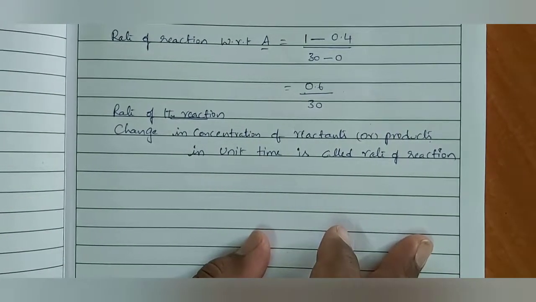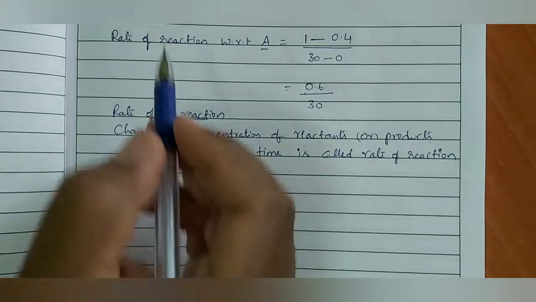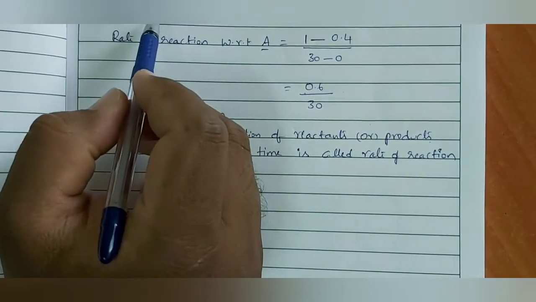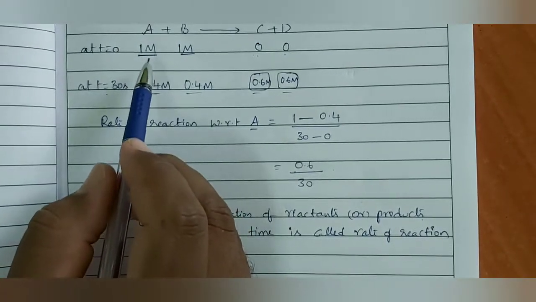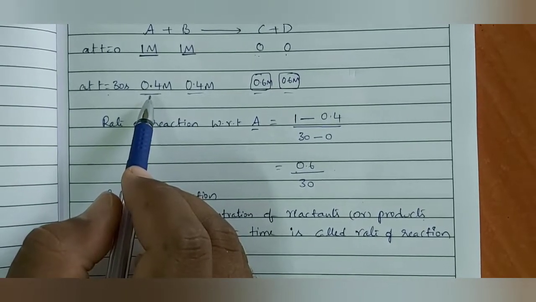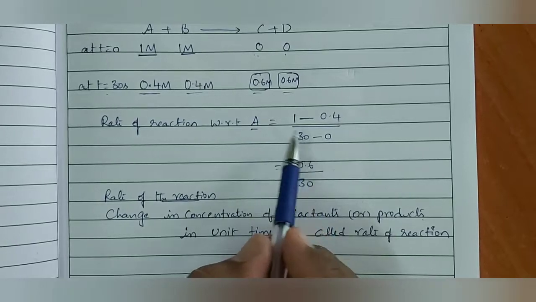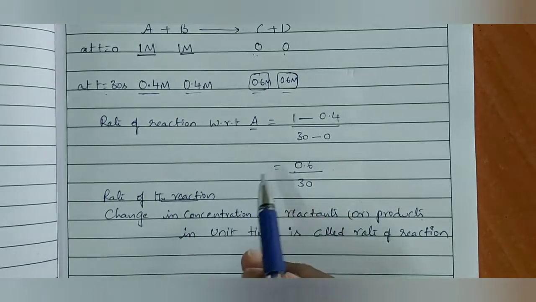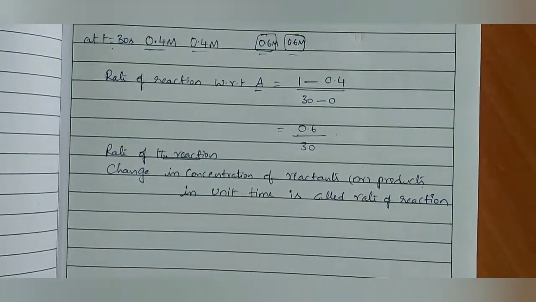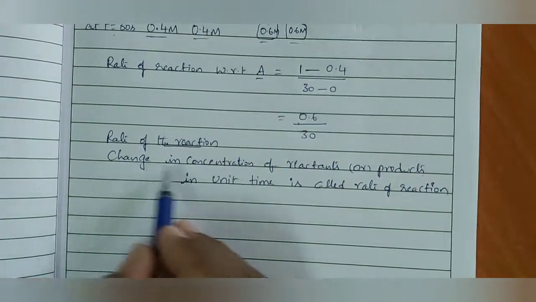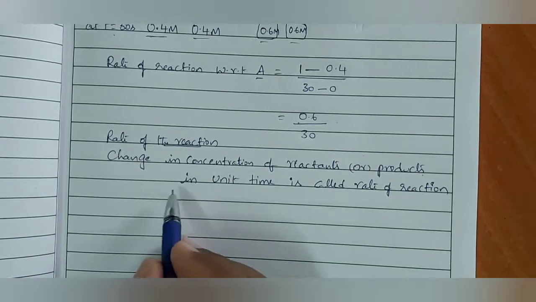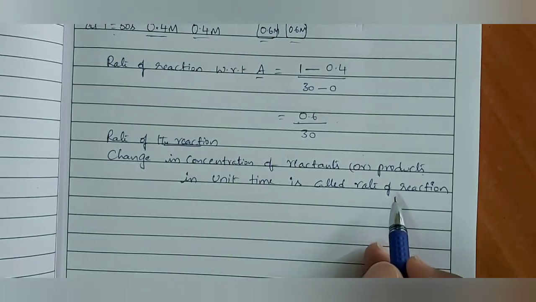The same here also. Initial concentration is more than final concentration. That's why initial concentration minus final concentration divided by final time minus initial time, I wrote as rate of the reaction with respect to A. And I concluded the rate of the reaction definition as: change in concentration of reactants or products in unit time is called rate of the reaction.